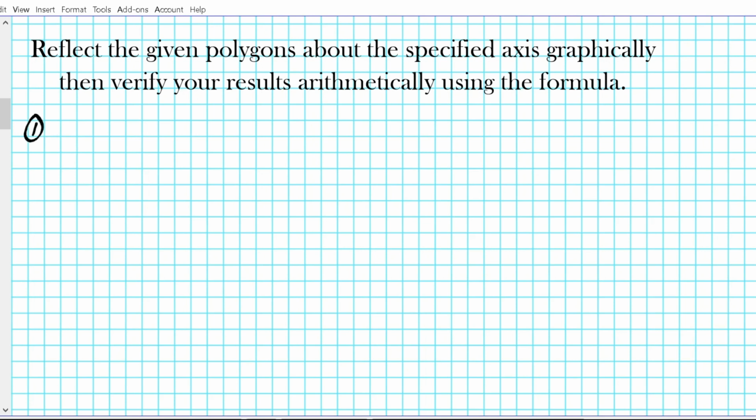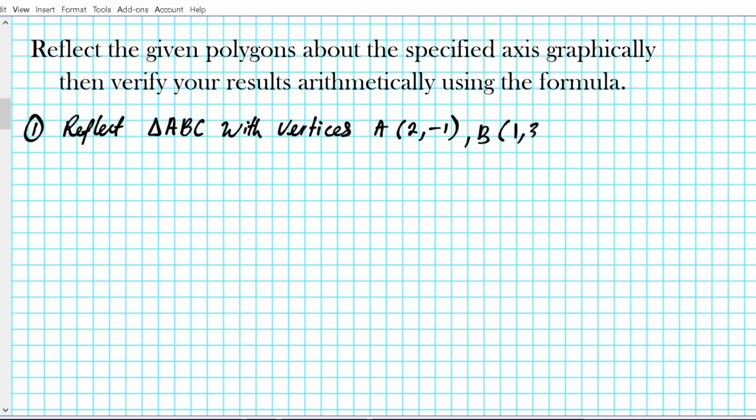All right, so for number 1, we are to do the following. Reflect triangle ABC with vertices A is (2, -1), B is (1, 3), and C is (5, 0).